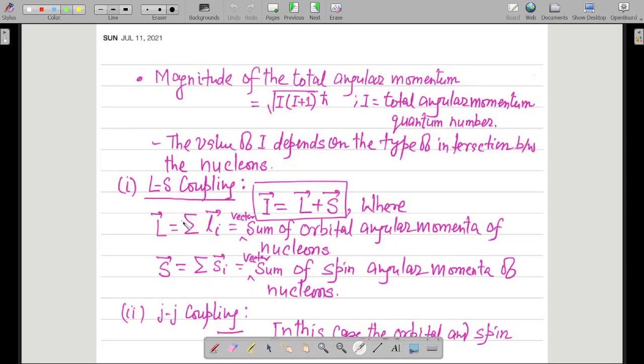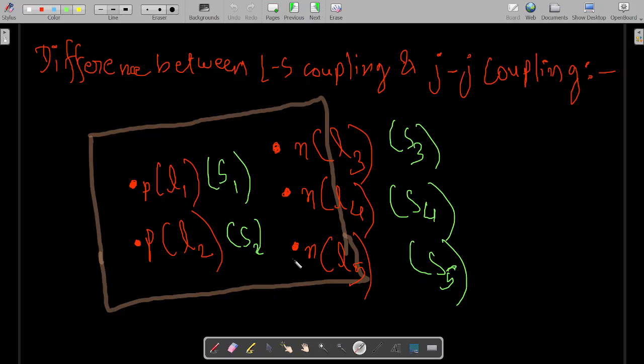In LS coupling, you have to find the total angular momentum quantum number I. This nucleus has 2 protons and 3 neutrons, so we have to find the I vector for it.